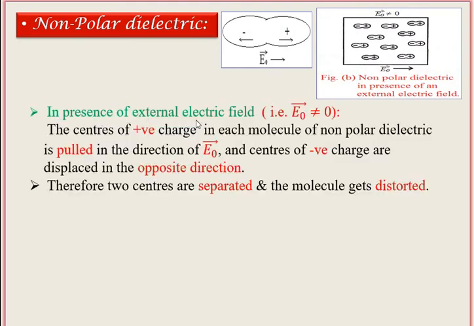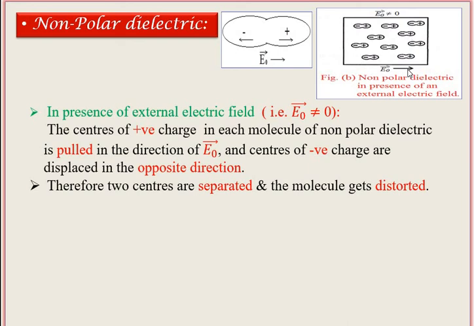In the presence of the external electric field, that is E bar is not equal to 0, see the figure, the centers of the positive charge in each molecule of a non-polar dielectric are pulled in the direction of the external electric field.